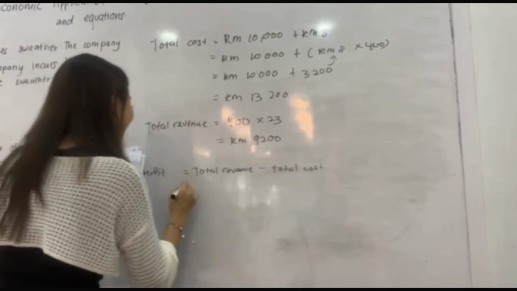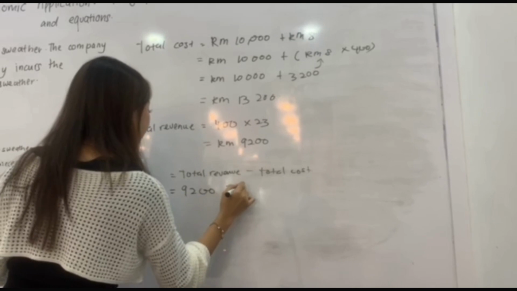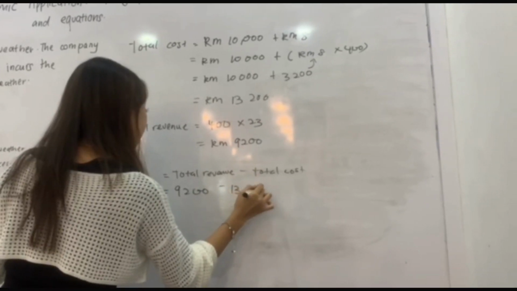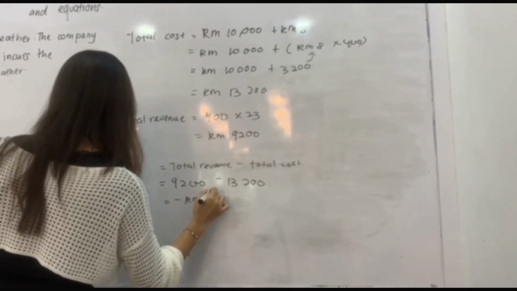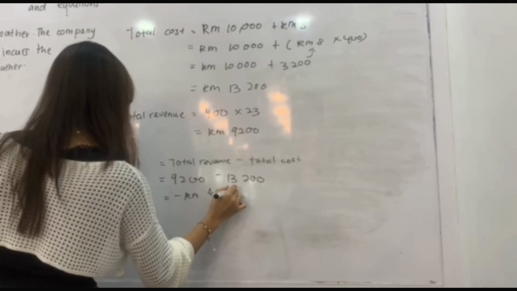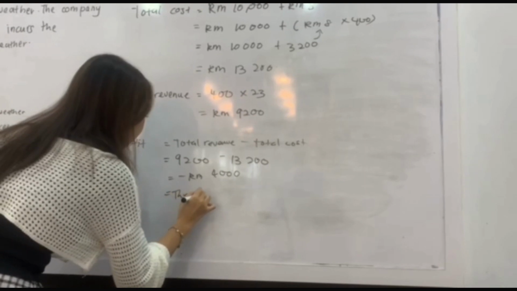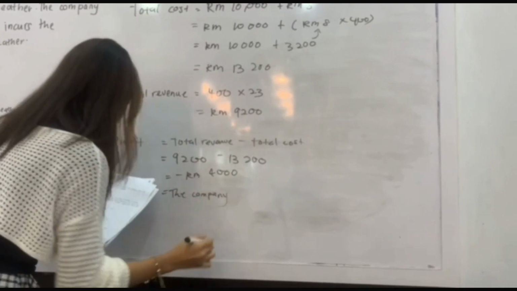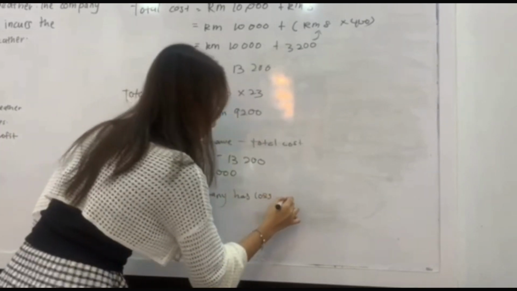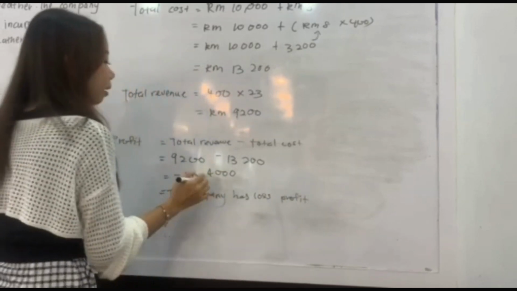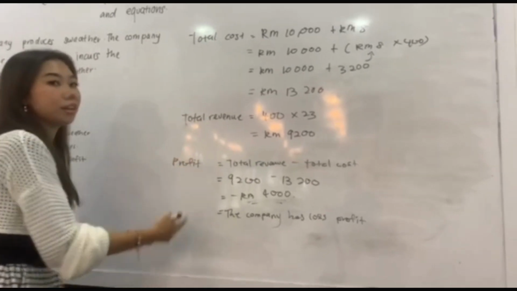So 9,200 minus 13,200. So we get negative RM 4,000. So the company has lost RM 4,000. So that's for the total cost, total revenue, and profit.